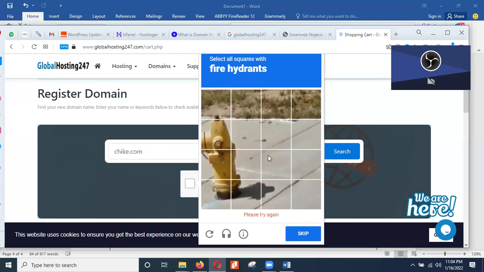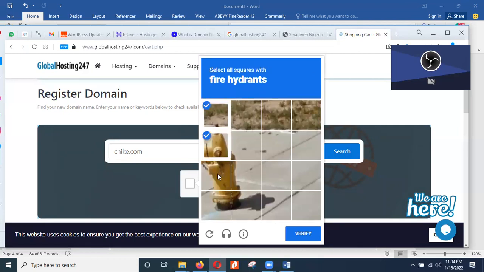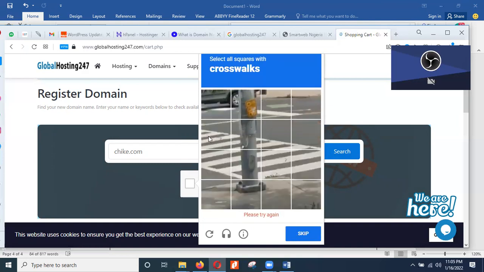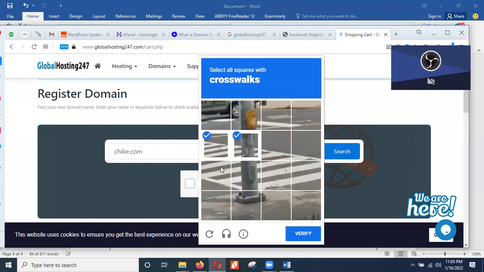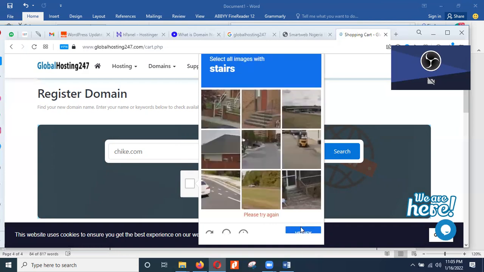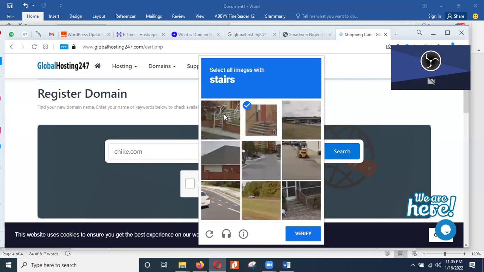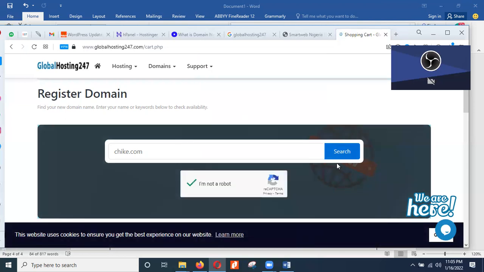Verify. Fire hydrants, crosswalk. This is what you get when you don't have a strong internet connection. Okay, that's verified. Then we can search.